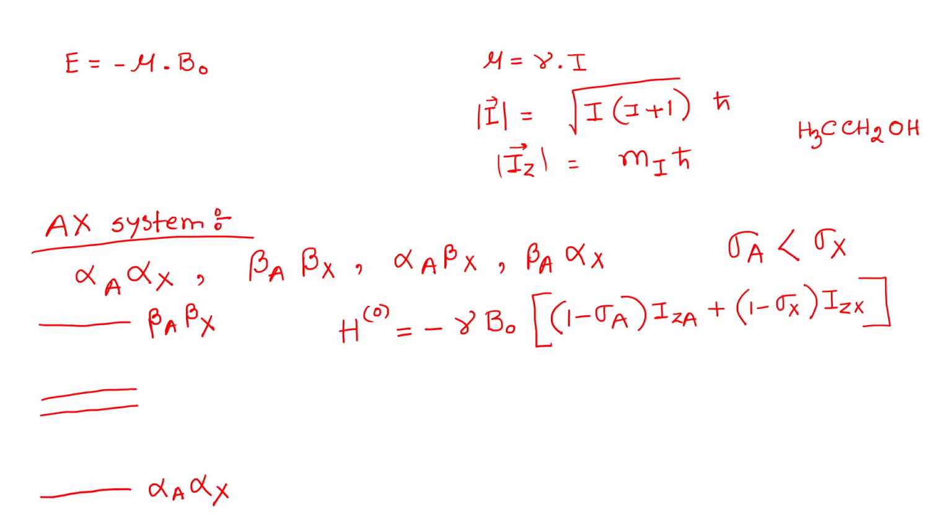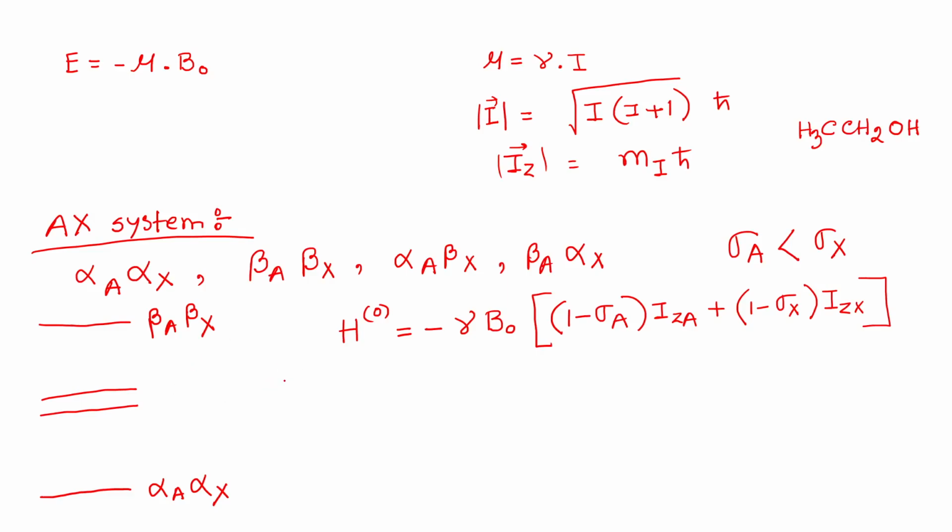We have already discussed that the shielding constant for A is lesser than that of X. So this is going to be the Hamiltonian. Your A and X are going to have different splitting, which they would not if they were bare atoms, not in a molecule.